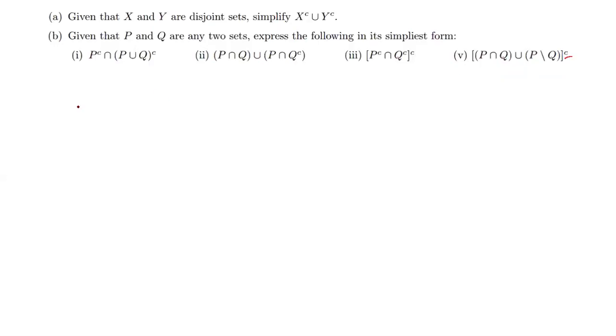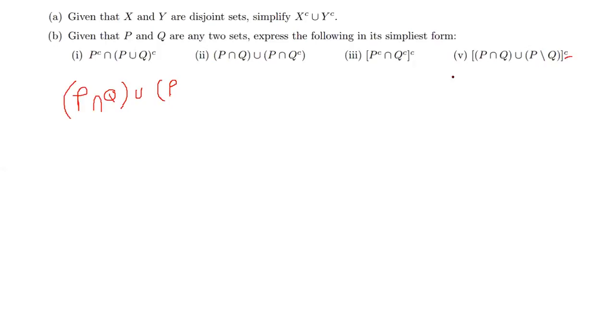So I'm going to say P intersection Q, and then you put them in brackets like that, and then union, and then you have P there. Remember what I said about this slash. This slash is the difference of two sets. It can either be represented by a minus or this slash.